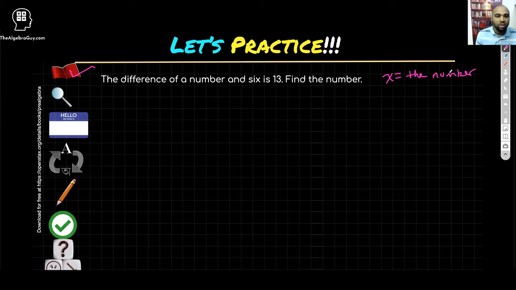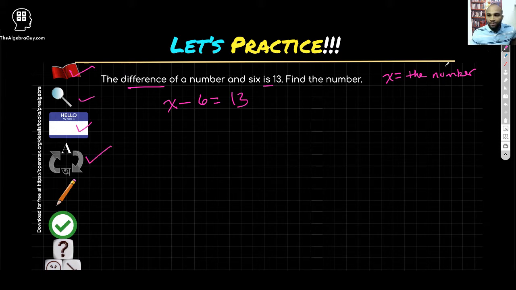The difference of a number and 6. Difference is subtraction. So a number, subtraction, and 6 equals 13. All right, so now it looks a lot easier. I named it, I translated it.